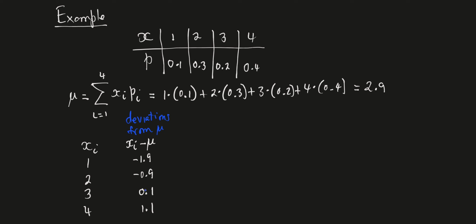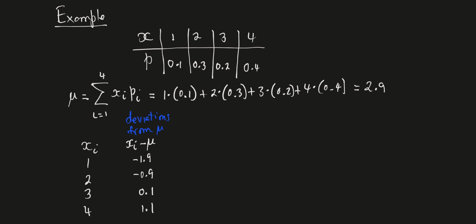And this one being positive means that this possible value of x is greater than this theoretical mean, right? And again, we're just saying how far away from the mean is each possible value of x and in what direction. On the number line, the negative ones would be to the left of the mean, and the positive deviations would mean that those x's are to the right of the mean. Right?